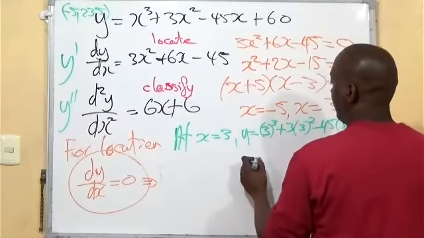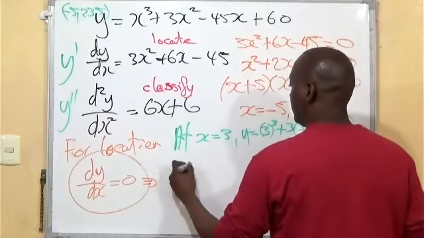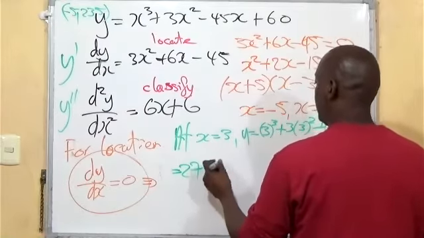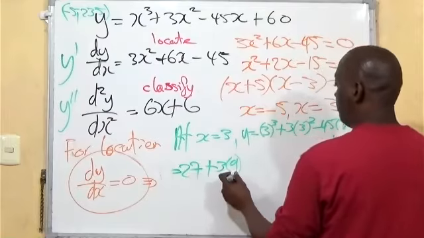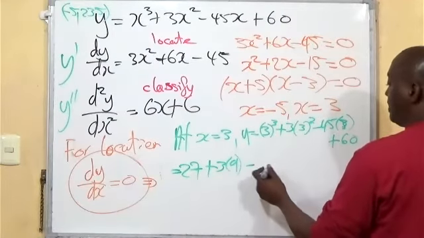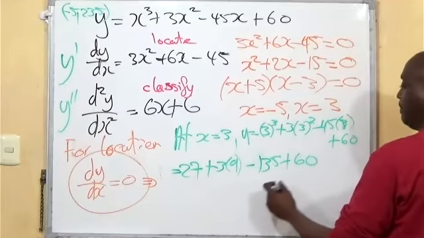All right, which is equal to 3 squared is what? 3 squared is... 27 plus, notice how I'm making everything in brackets, right? 3 by 9 minus 45 by 3 is 135 plus 60.